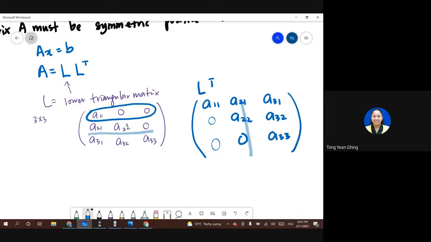The U that we learned before using the Thomas method is now changed to the transpose of the lower triangular matrix.